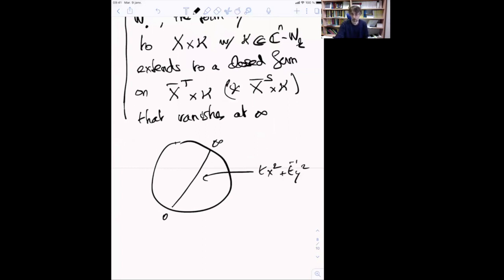When you go to infinity, only one of them contributes, it's x squared that contributes, and if you go to 0, it's y squared that you see.